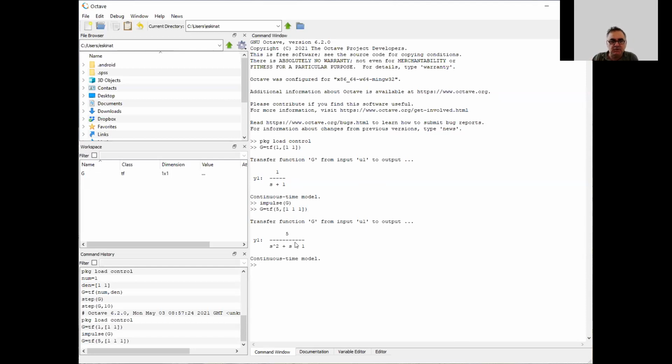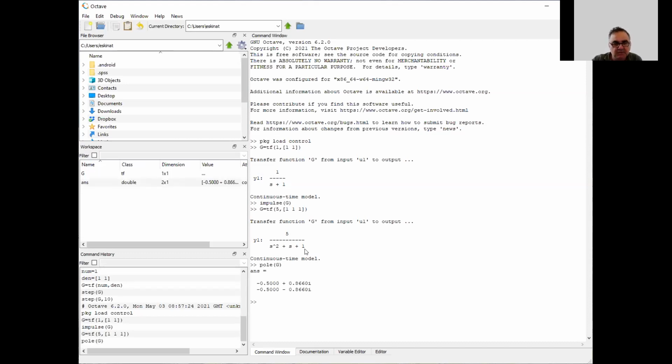So it is s squared plus s plus 1. So the poles of G, if I say pole of G, are at minus 0.5 plus minus 0.866 j. They are complex conjugates. This system has oscillatory response.